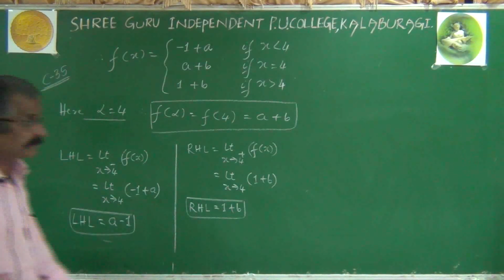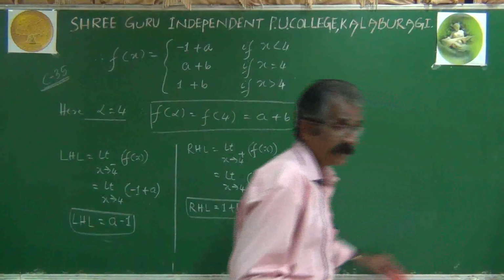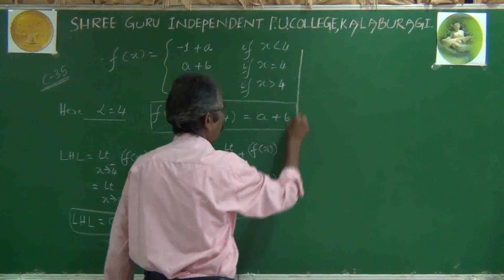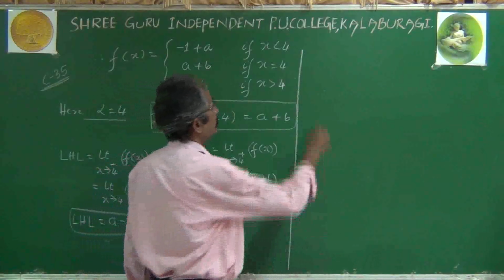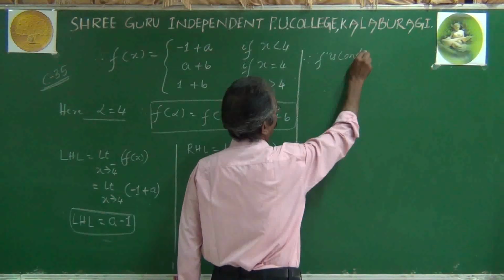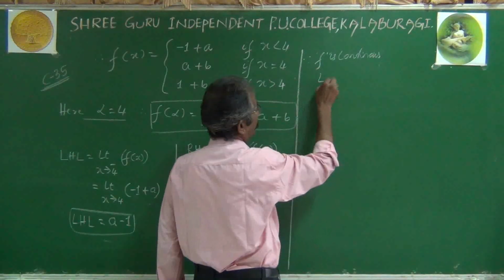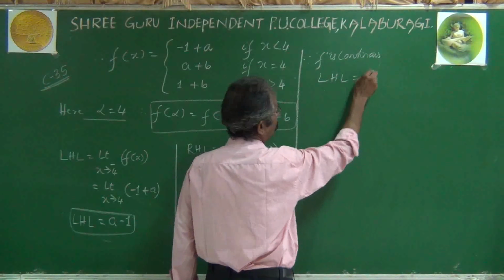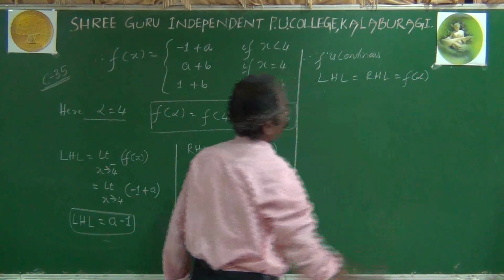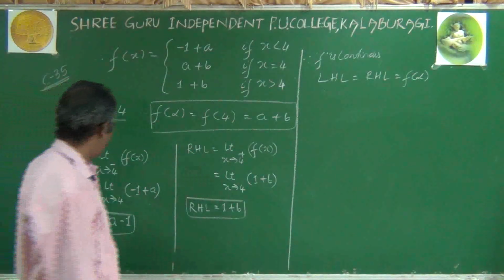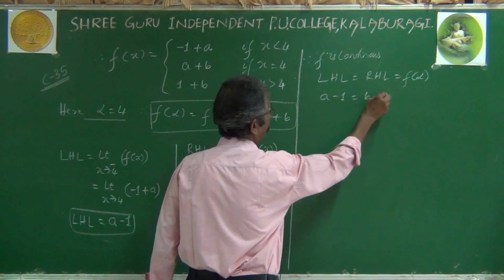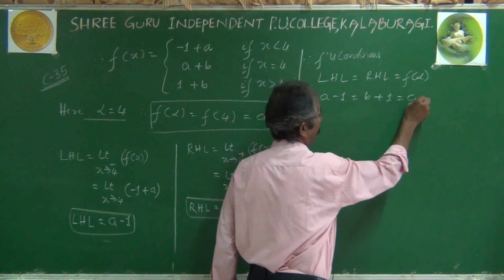Since function is continuous, therefore LHL equal to RHL equal to f of alpha. LHL a minus 1, RHL b plus 1, f of alpha a plus b.